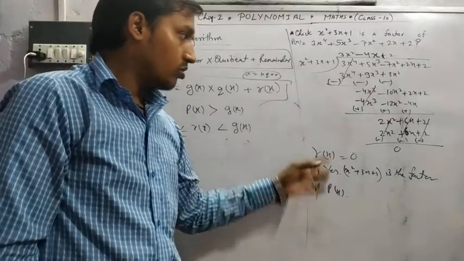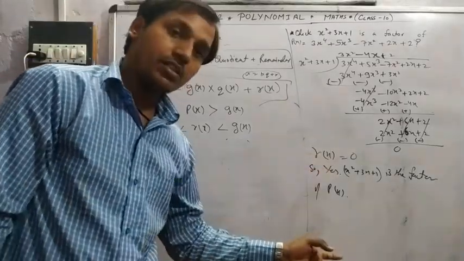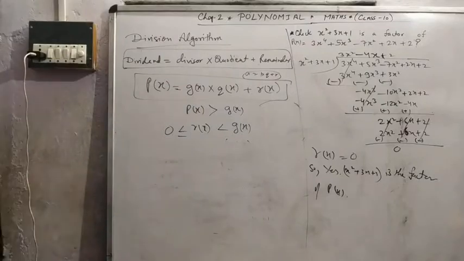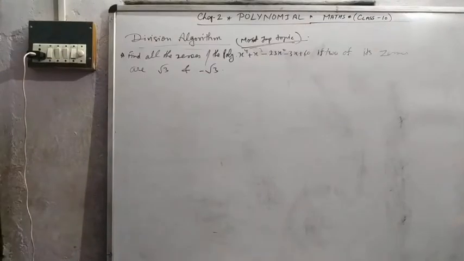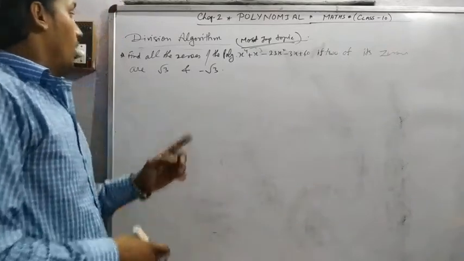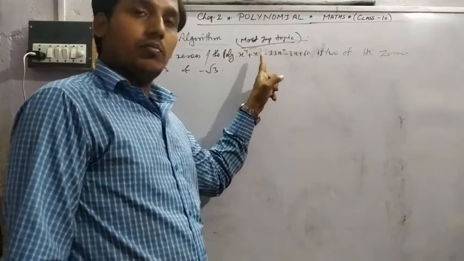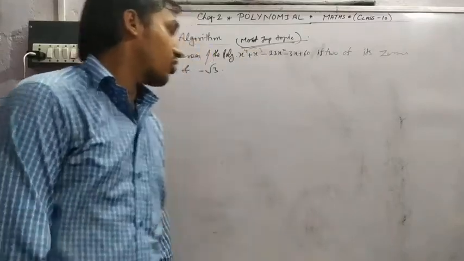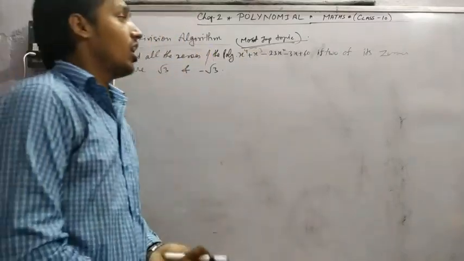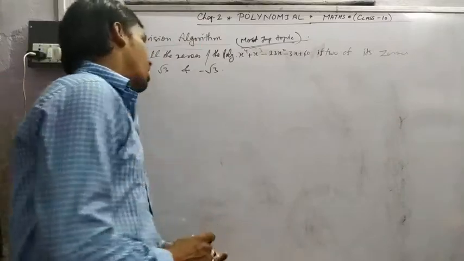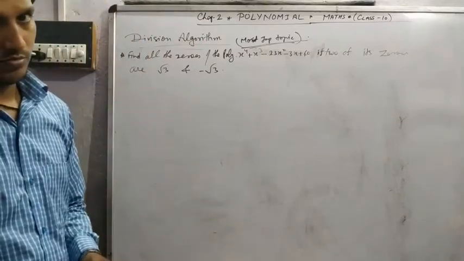Pause the video, note down. We take one more example. Find all the zeros of the polynomial x to the power 4 plus x cube minus 23x square minus 3x plus 60 if two of its zeros are root 3 and minus root 3.